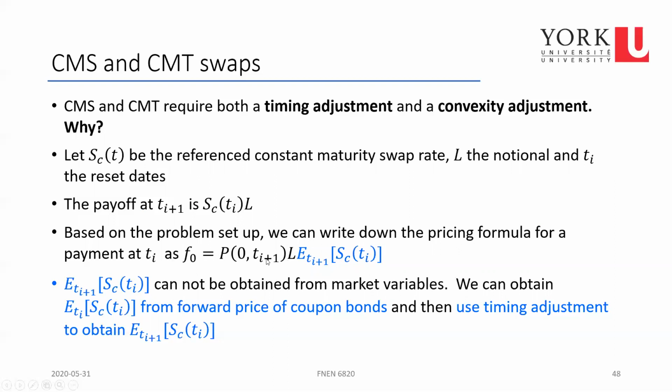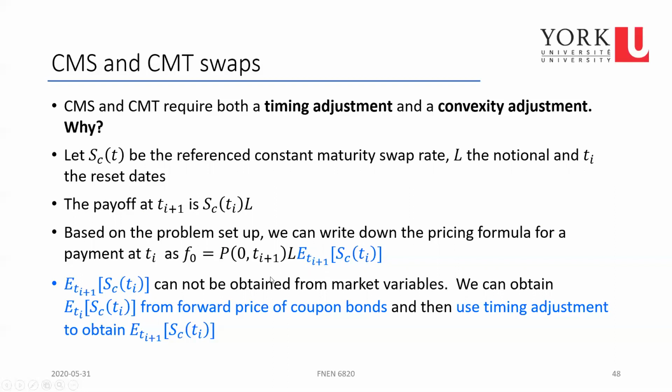Then since the payment occurs at T plus 1, the numeraire that you select should be the zero coupon bond from today to Ti plus 1. So you would need an expectation that is consistent with this zero coupon bond, which is from current time to Ti plus 1.